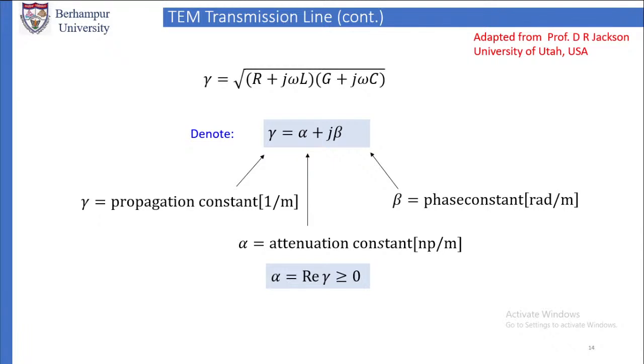That is why beta is called the phase constant. Exponential minus alpha z is an exponentially decreasing function, so the value of V will decrease exponentially because of exponential minus alpha z. It is decreasing, meaning it is attenuating. That is why it is called the attenuation constant.